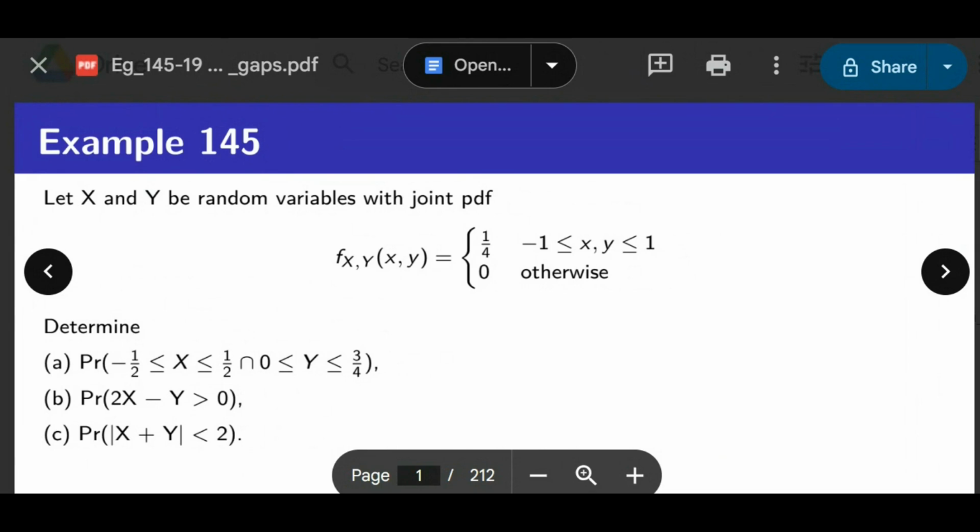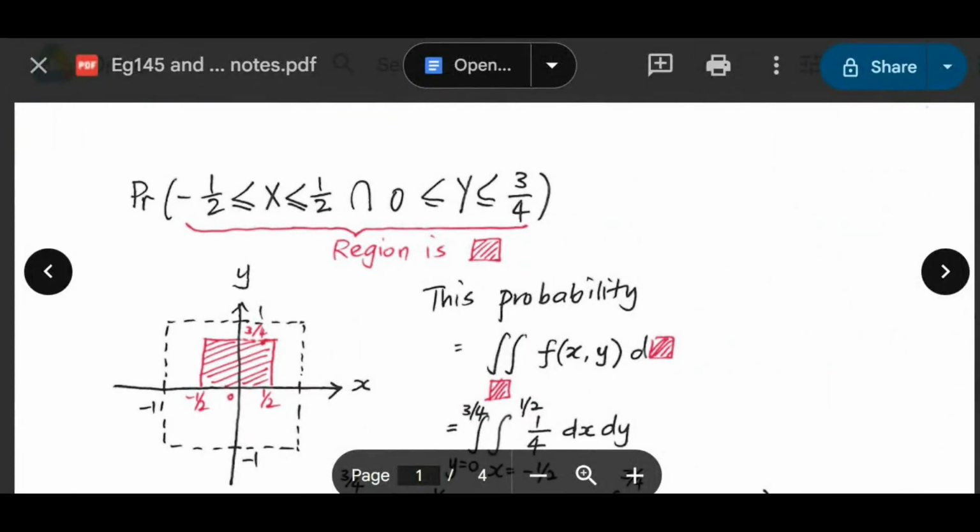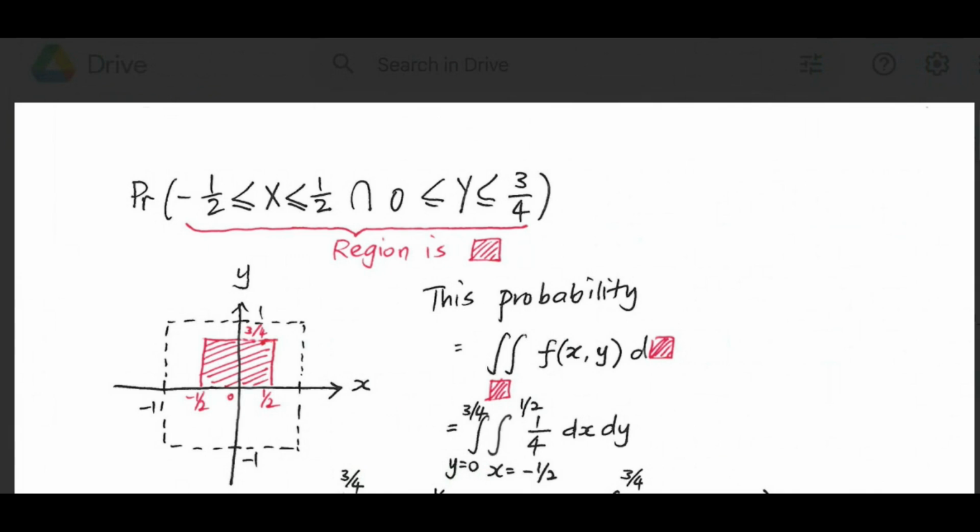Okay. So look at what I did last time. What you do is you draw a picture. If you draw a picture like this, see, I have shown the entire region where the density is positive. But the region of interest is this smaller box now. I have colored this red.